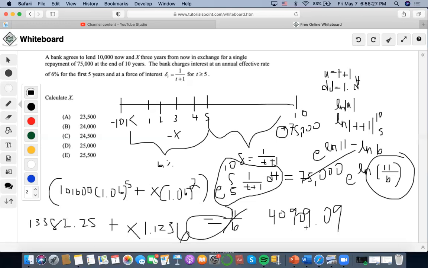Now, then I'm going to do 40,909.09 minus 13,382.25 divided by 1.1236.